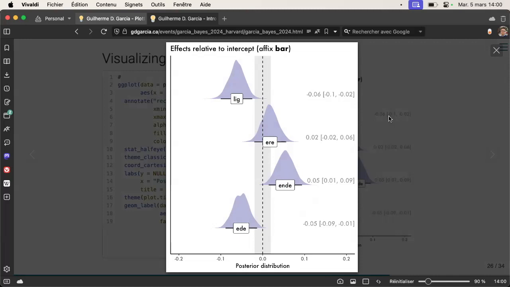We should just ignore that result or something like that. Here, in a very categorical approach, it's just saying where in the distribution 0 is. So if 0 is in the middle of the distribution, it means it's a very likely value given the data, so it's not a credible effect.